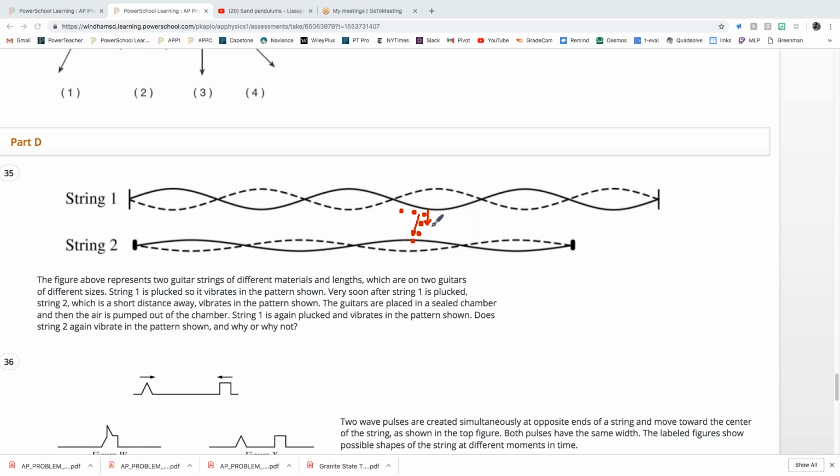So what this illustrates is that sound is transferred through the air from one string to the other string. The important piece here is that air is required for that transfer of energy from one string to the other string. So in this particular case, if we evacuate the air in between the strings, then this transfer of energy cannot occur, and string number 2 will not sympathetically vibrate.